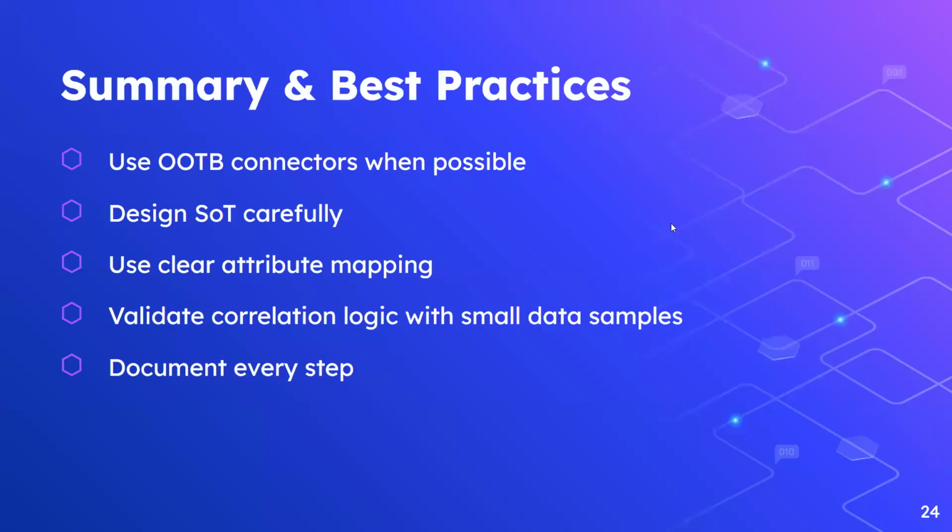Use OOTB. What is OOTB? Out of the box. Out-of-the-box connectors, which are pre-built connectors available inside our IdentityIQ. Design. What is SOT again? Source of truth. Design the source of truth carefully. Use clear attribute mapping.